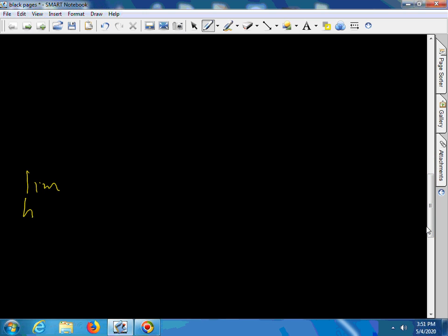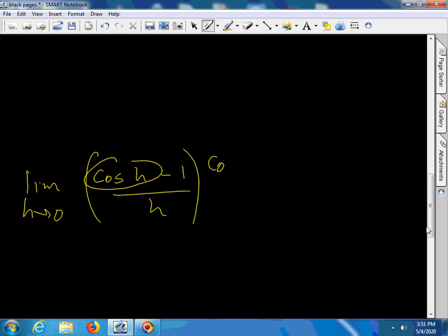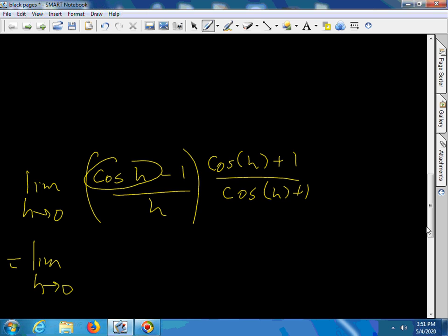The limit as h goes to 0 of cosine h minus 1 over h. Well, first of all, if you plug in 0, you get 1 minus 1, or 0, divided by 0. So what I'm going to do is multiply top and bottom by the conjugate, which is 1. I have the limit as h goes to 0.